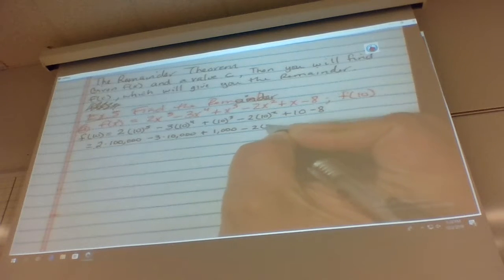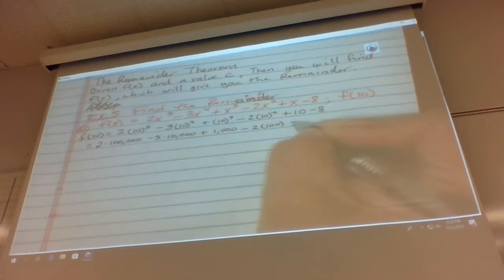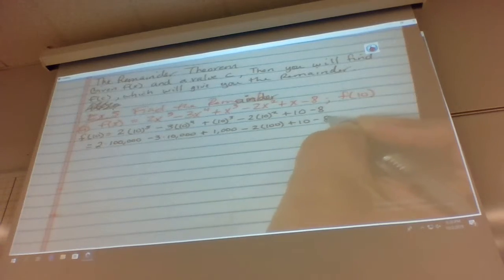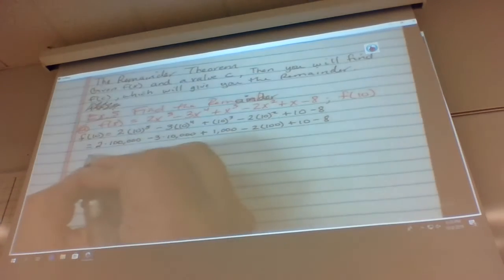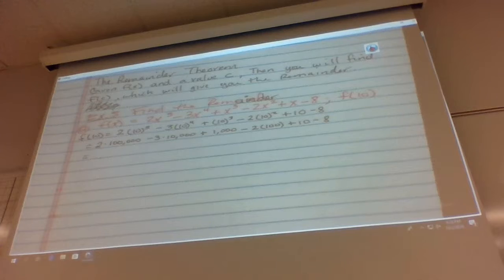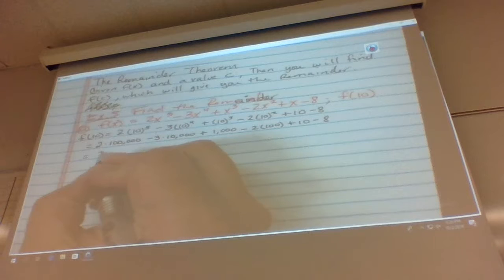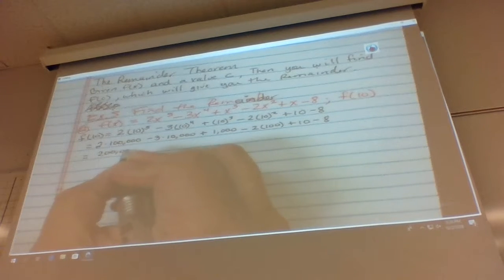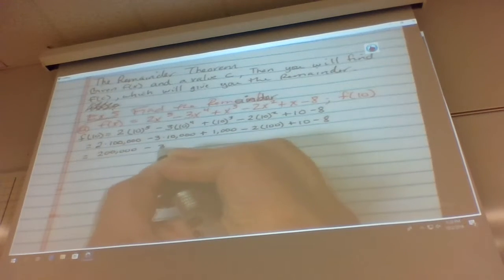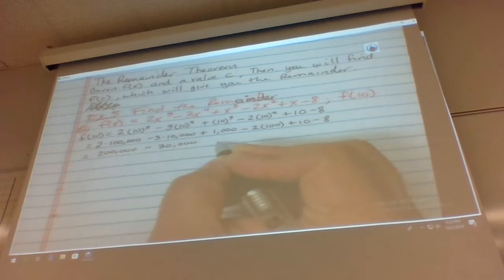Now, you can just plug this into your calculator, but because I don't have one, I'm doing it step by step. But the day of your test, you have a friendly calculator. So this becomes 200,000 minus 30,000 plus 1,000 minus 200 plus 10 minus 8.